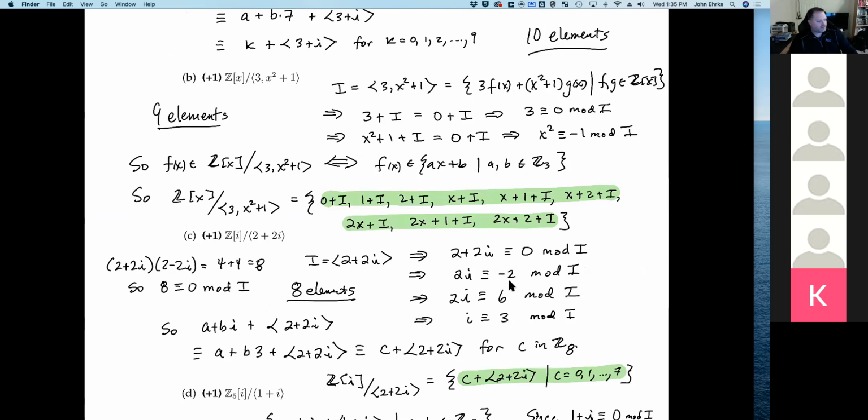So shouldn't the -2 be a 2? 2 plus 2i times 1 minus i is equal to... Wyatt, that's not equal to 4. Oh, well, unless you're reducing it by 3. Let me see. 2i minus 2i cancels. Minus 2i squared, 2. Oh, it is 4. Never mind. That is 4.